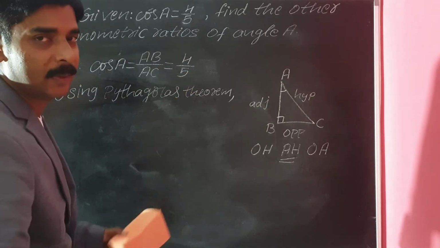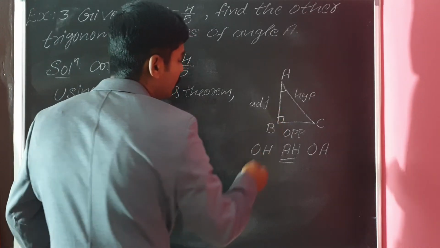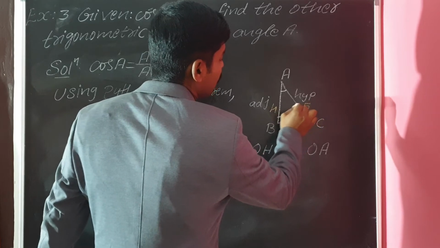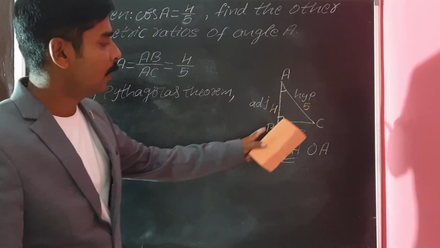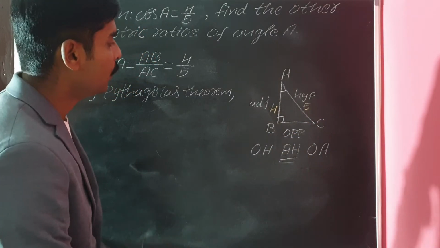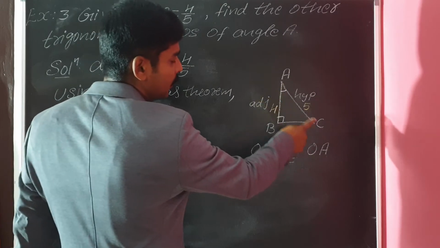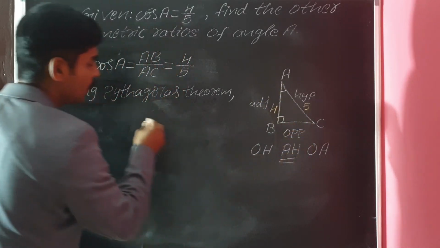So from this you get to know that AB is 4 units, AC is 5 units. Now from this we must find out BC. So what you will do? You will use Pythagoras theorem. Since hypotenuse is given, you can directly write the expression for BC.